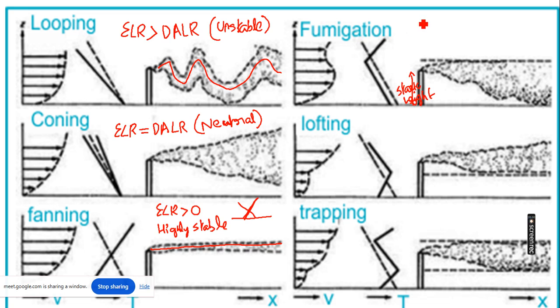So in case of fumigation, we have an inversion above stack height, and we have neutral or unstable conditions below stack height.